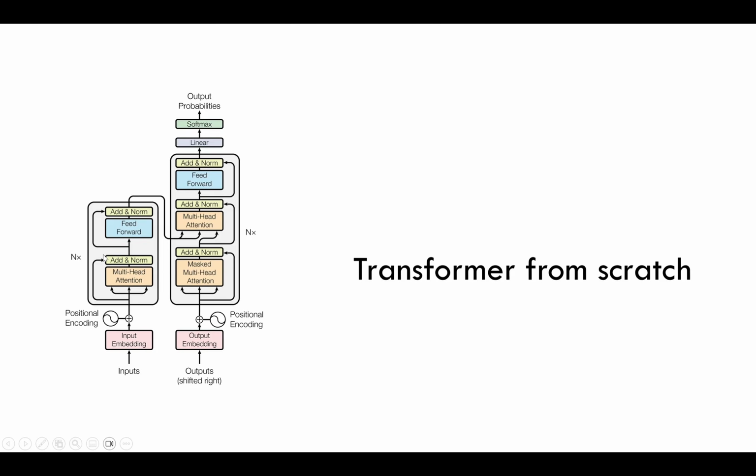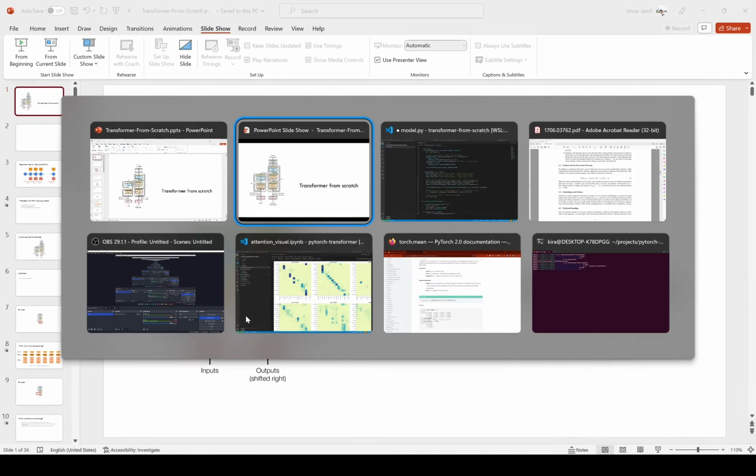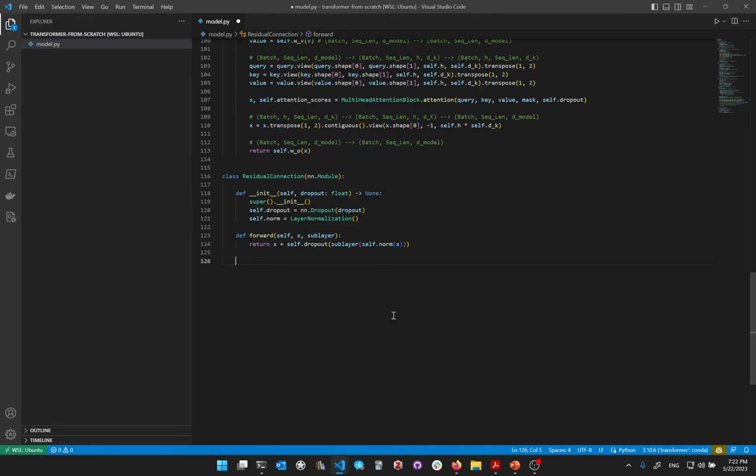So we need to create this block, which will contain one multi-head attention, two add and norm, and one feed forward. So let's do it. We will call this block the encoder block, because the decoder has three blocks inside, the encoder has only two.